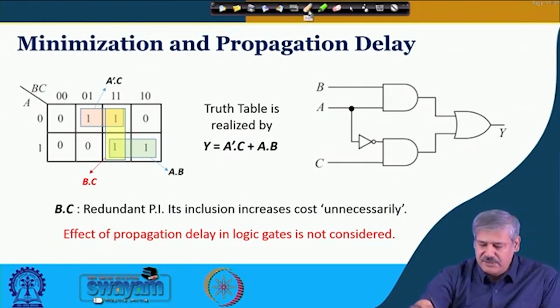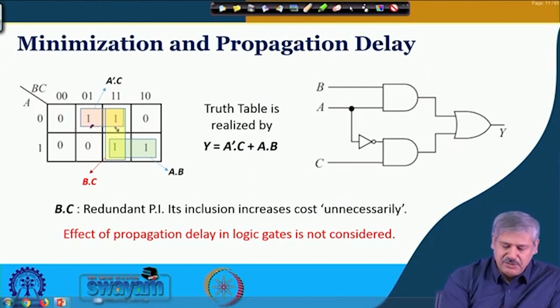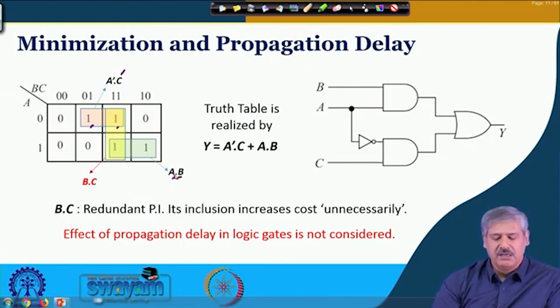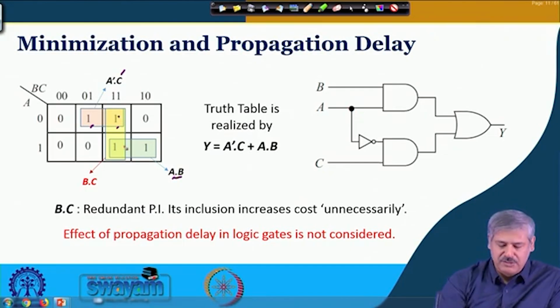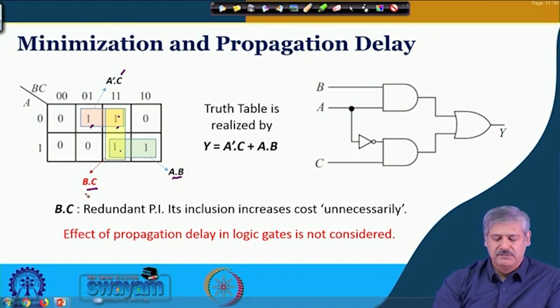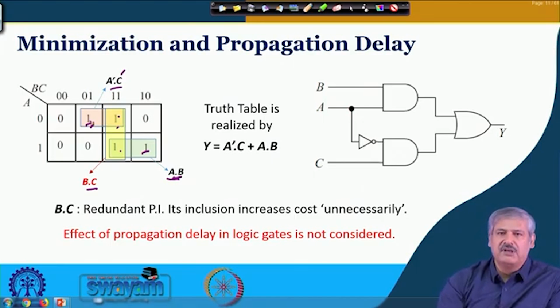This one and this one are covered by A prime C, and this one and this one are covered by A B. There is another way: this one and this one can be covered by B C, but these 2 ones are already covered by A B and A prime C. So, A B and A prime C are essential prime implicants, essential because they cover ones not covered by anyone else, and in this case B C becomes non-essential. So, it is redundant.